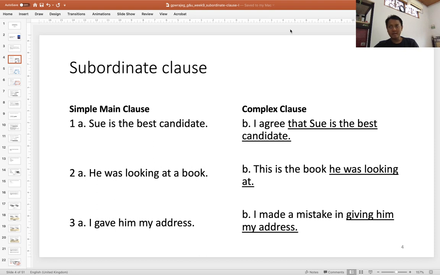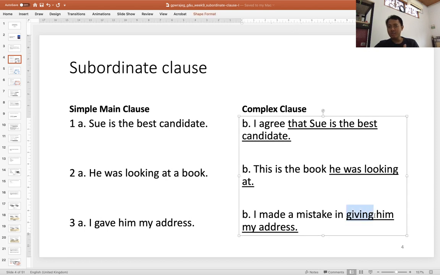Usually if you have a preposition followed by a verb, you need to put that verb in the ing form. So here is a gerund form of a verb, so it does not indicate present continuous tense, because it is just the correct form of a verb when you attach it after a preposition.